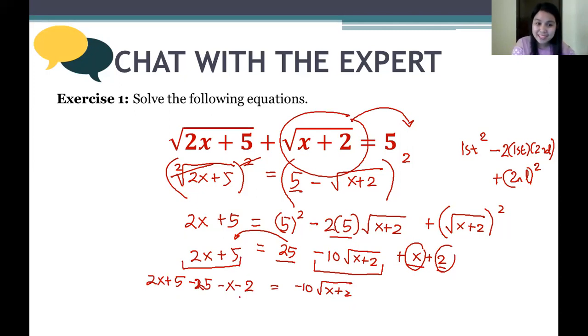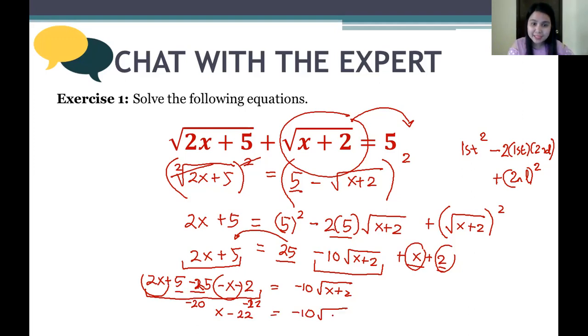Let's first combine like terms. 2x minus x. That's x. 5 minus 25. That's negative 20. Minus 2. That's negative 22. x minus 22 equals negative 10 square root of x plus 2.